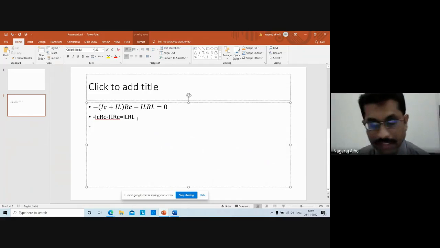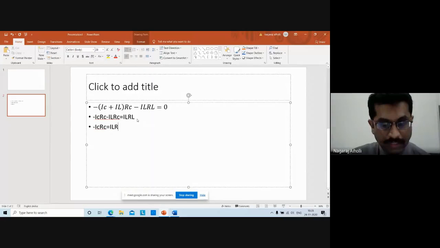That is minus IC RC is equal to IL RL plus IL RC. Okay, that is minus IC RC. This is equal to, I will take IL common, IL into RL plus RC.